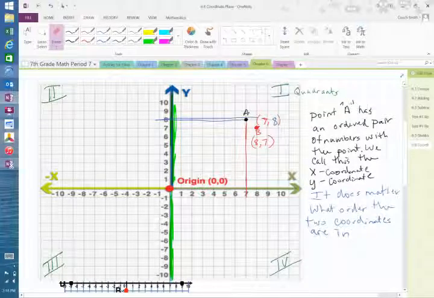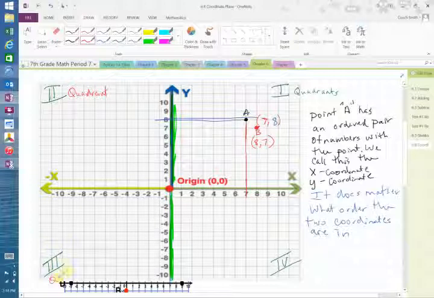That's quadrant 1, quadrant 2, quadrant 3, quadrant 4. Those are your different quadrants.